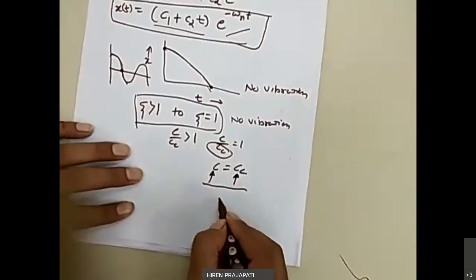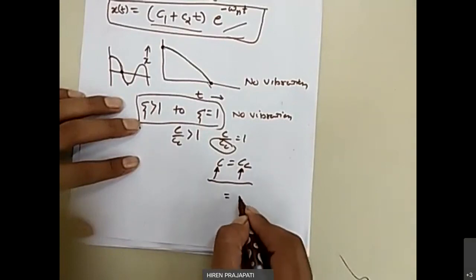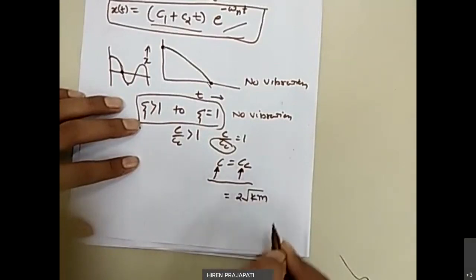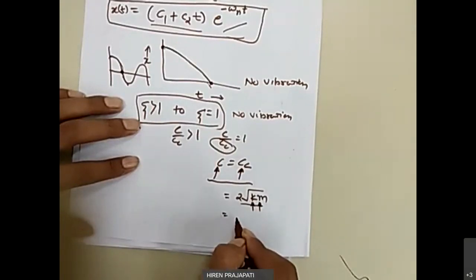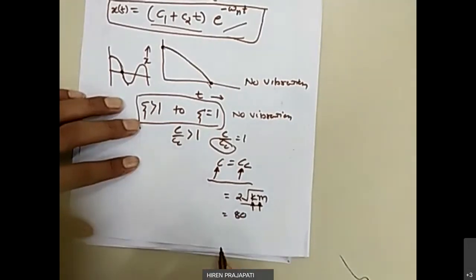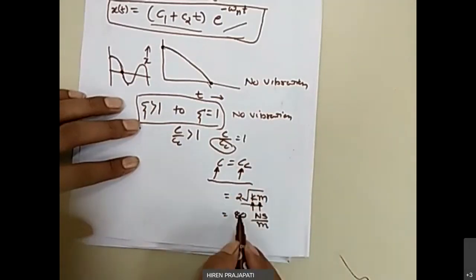If I again write the equation of critical damping, it's 2 square root of km. For the spring mass system, find out what k and m are and their values. Suppose I am getting, for example, 80 newton second per meter. This is cc for the particular system, that is what we are assuming.